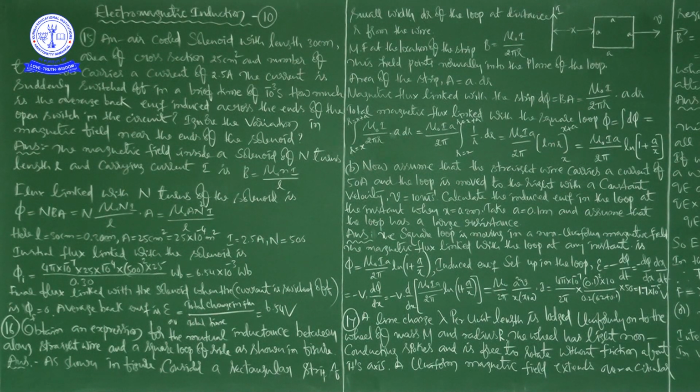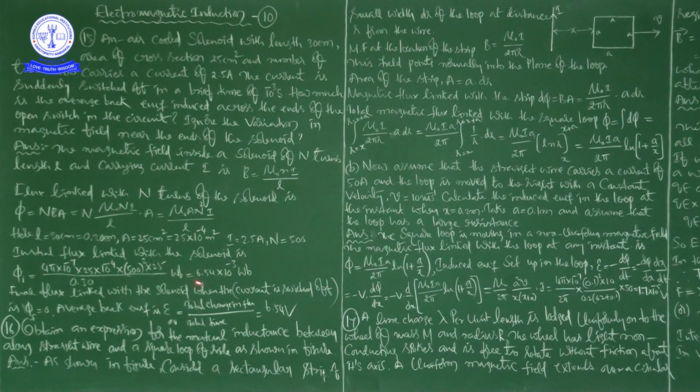Now, the initial flux linked with the solenoid, phi I, is equal to 4 pi into 10 to the power of minus 7 into 25 into 10 to the power of minus 4 into 500 square into 2.5, because here they have given 2.5, not 25, divided by 0.3 Weber.